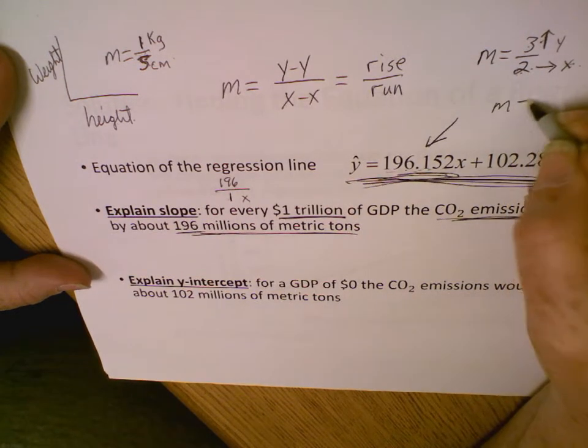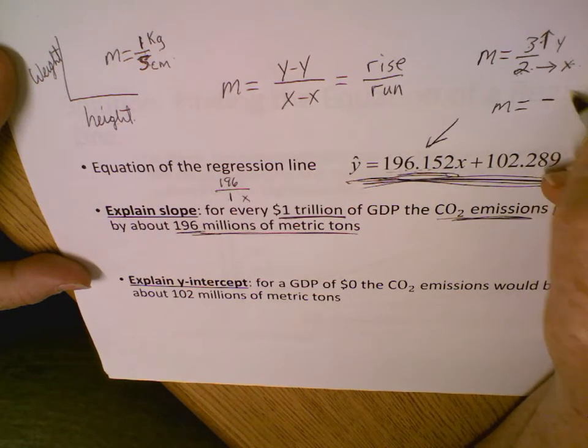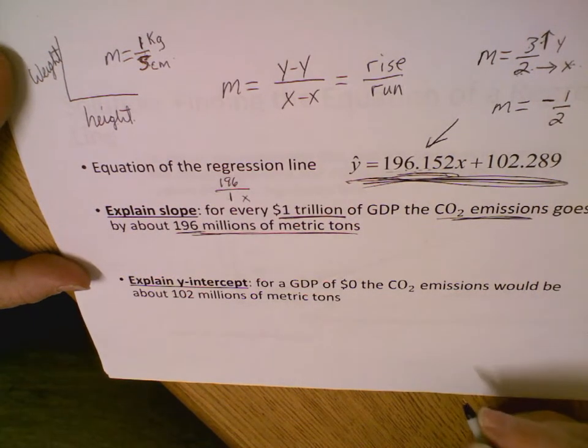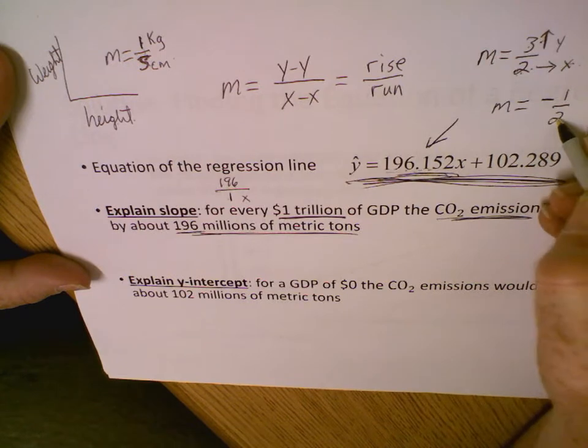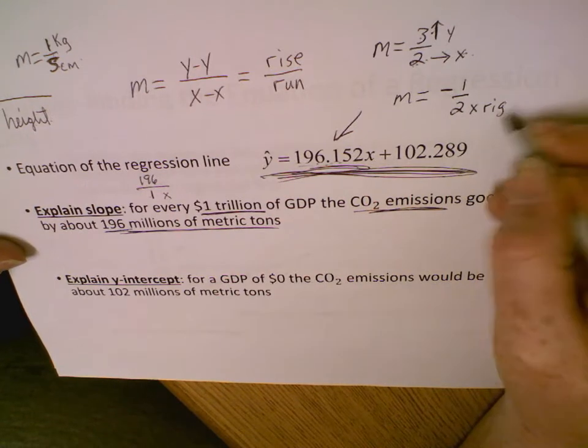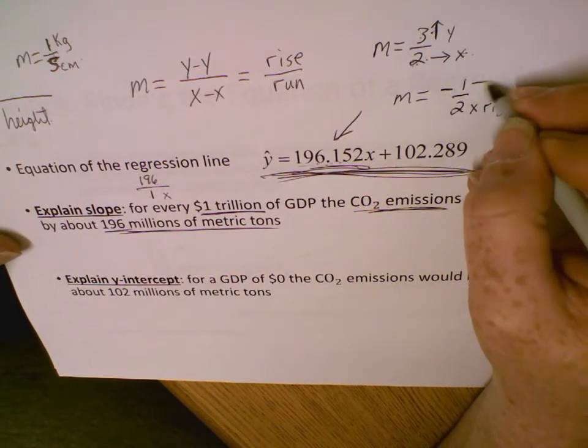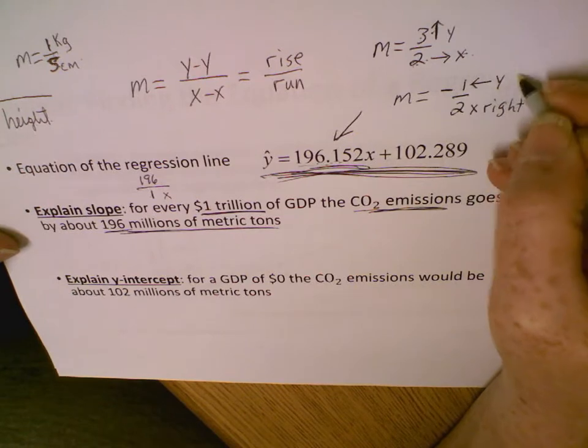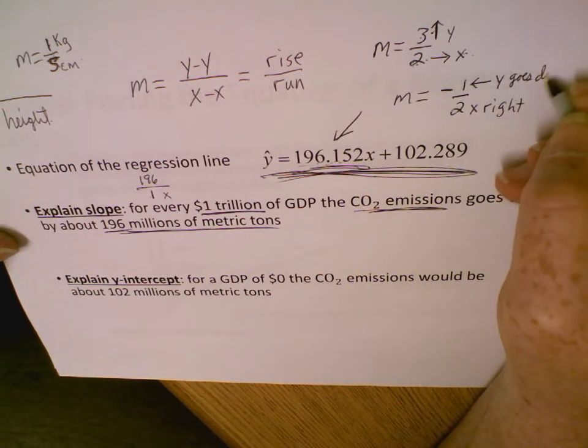If we had a negative slope, so something like -1/2, we're saying for every 2 that your x goes to the right, your y goes down 1.